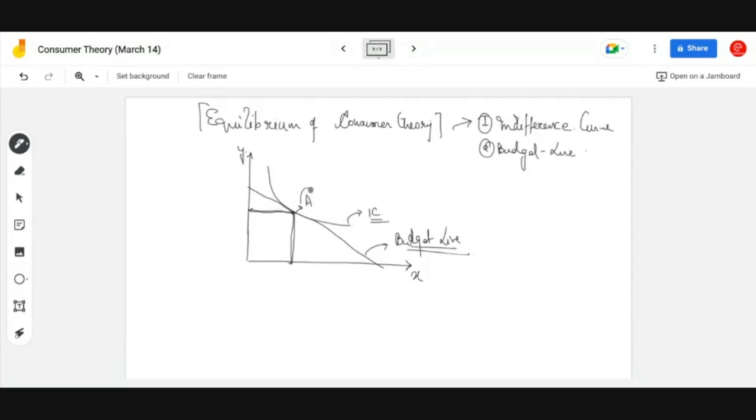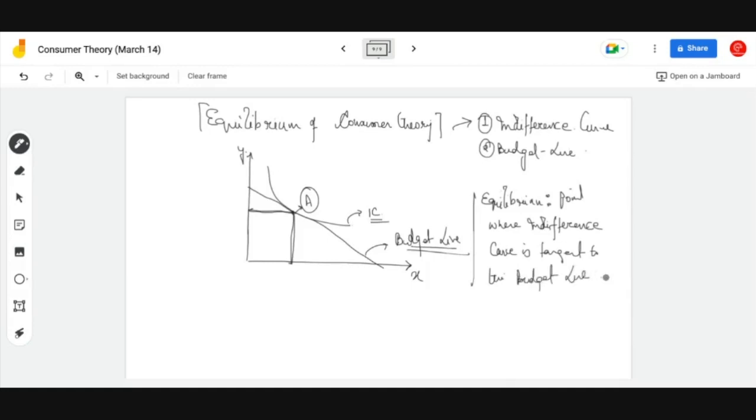This is point A, and the equilibrium point is the point where the indifference curve is tangent to the budget line.